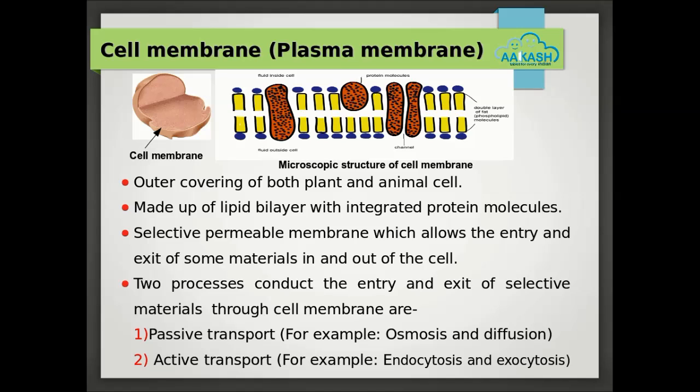The movement of materials across the plasma membrane is by two processes, namely passive transport without any expense of energy by the process of osmosis and diffusion, and second, active transport using energy, for example, endocytosis and exocytosis. Cell membrane protects the cell from outer surroundings.